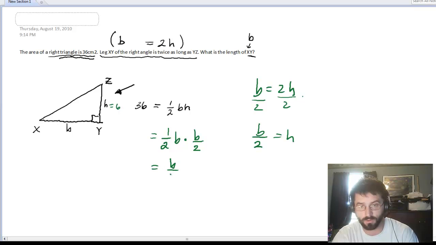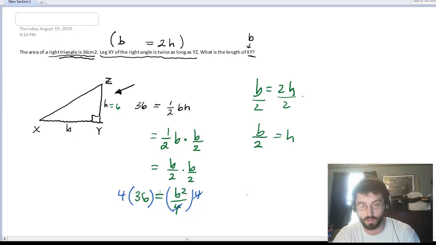So that's b over 2 times b over 2, which is b squared over 4. If you multiply both sides by 4 to get rid of the fraction, you get 36 times 4, and over here the 4's cancel. 36 times 4 is 144, which is b squared, and the square root of 144 is 12.